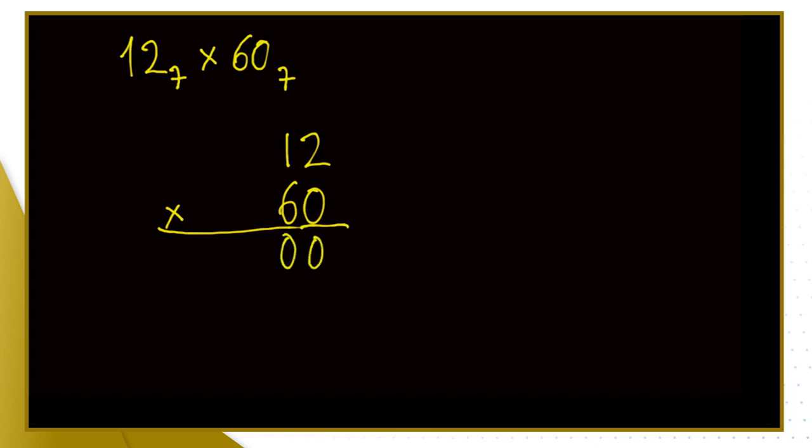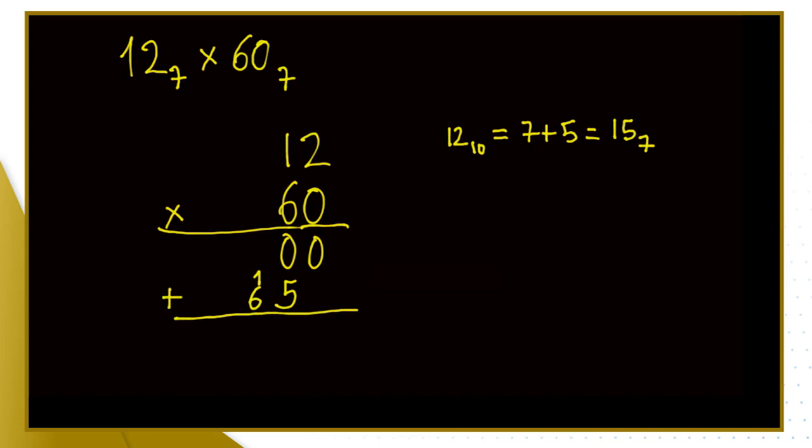And now 6 times 2 is 12. 12, but what is that in base 7? Well, let's split the 12 as a 7 plus something. So it is 7 plus 5. That makes it 1, 5 in base 7. So we do 5 here and the other one over there. And now 6 times 1 is 6. Put it there. And let's add everything up.